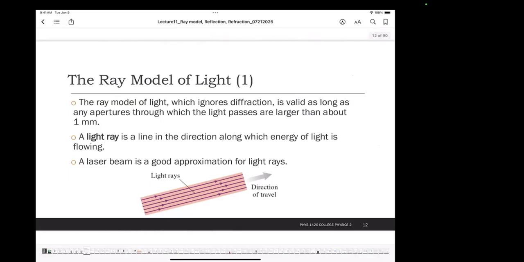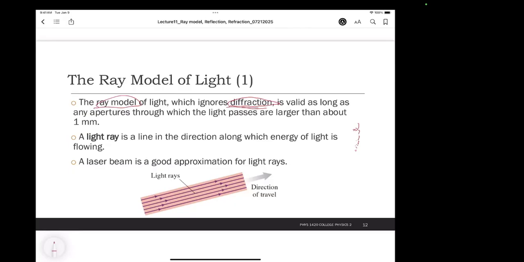Firstly, let's talk about the ray model of light, which ignores diffraction. Diffraction means the light goes through a very small slit, or multiple slits, or a diffraction grating, and there are some situations.